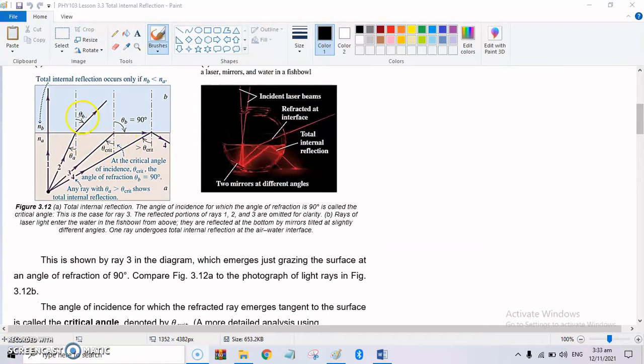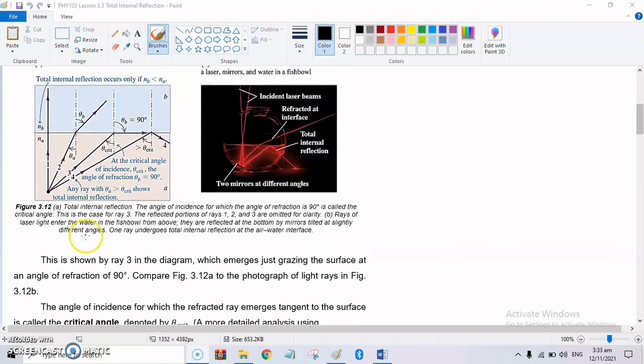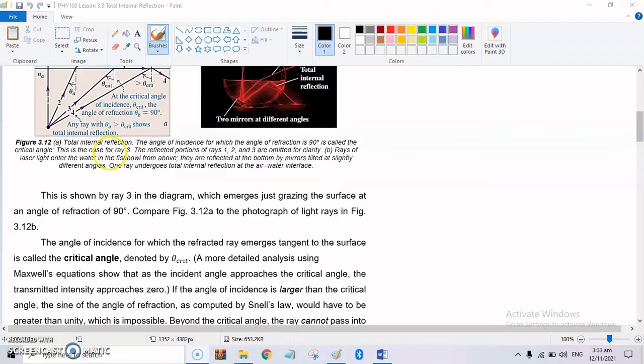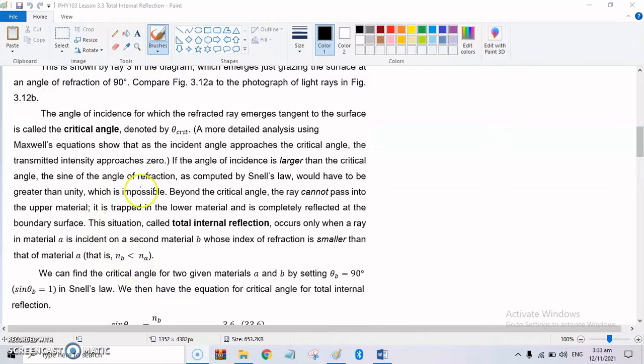And what does it mean? If the angle of incidence is larger than the critical angle, the ray cannot pass into the upper material, because beyond the critical angle it cannot pass through.